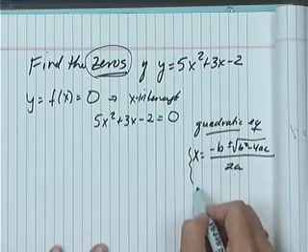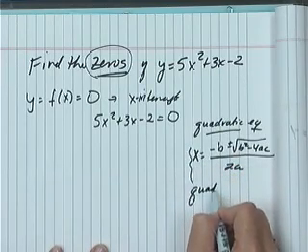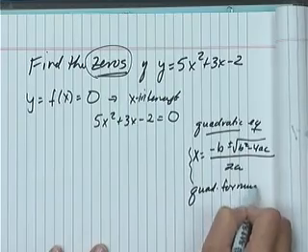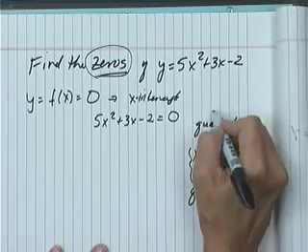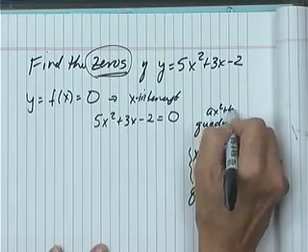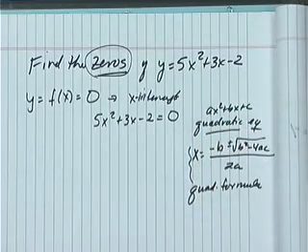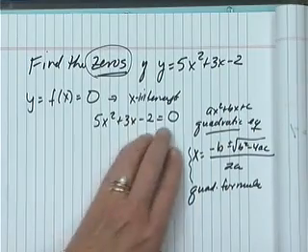So this is called the quadratic formula, used to solve a quadratic equation, which is ax squared plus bx plus c, right? The quadratic formula solves for x for a quadratic equation.